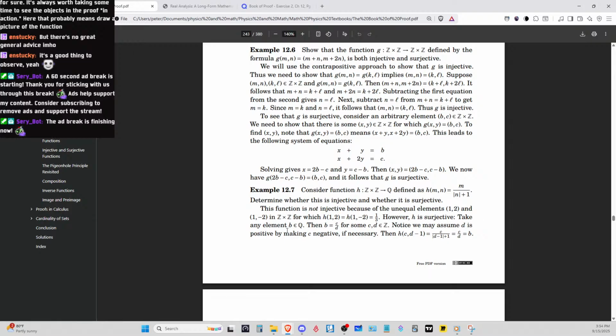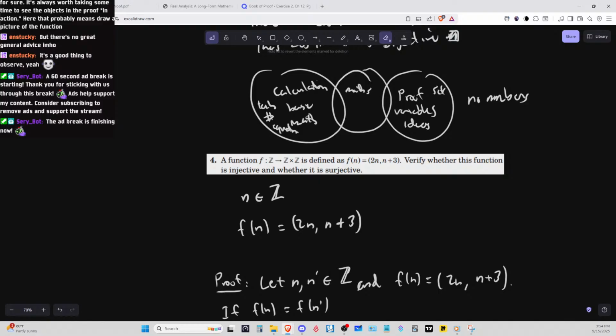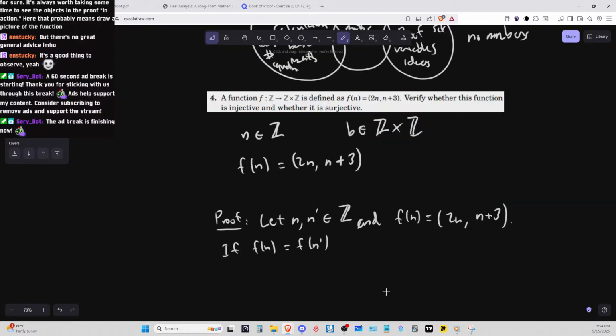However, it's injective by taking an element B and, okay, so we know that the B in our case, that's going to be a pair, because I do think that this is actually injective because every single number that we can put in here is the integers, and it doesn't seem like any of them would repeat each other.